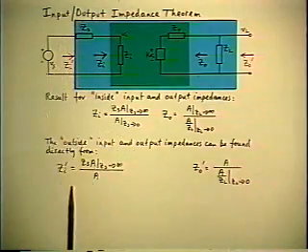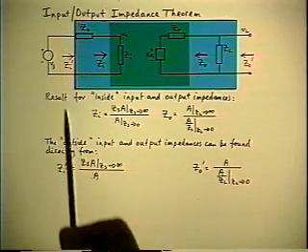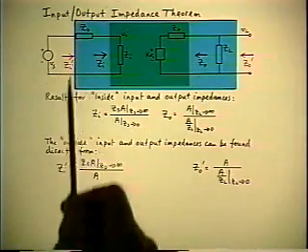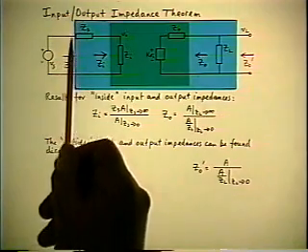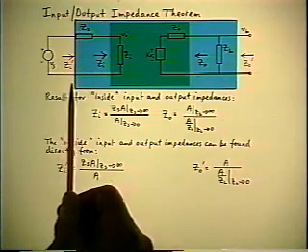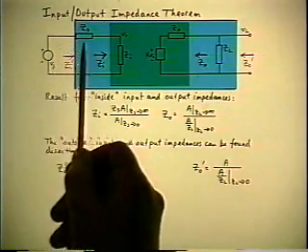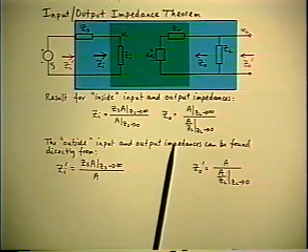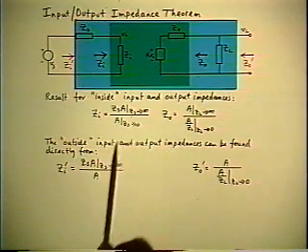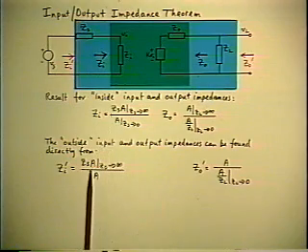And the argument, of course, is similar for the input impedance. The outside input impedance of the blue box actually arises from the input voltage divided by the input current to give you the same output. The input current of the blue box is the same as the input current of the green box. So the term that corresponds to that input current, which is this one in the numerator, stays the same.